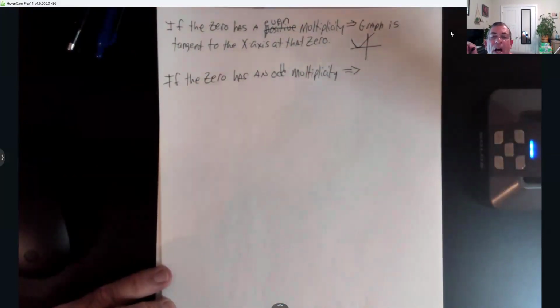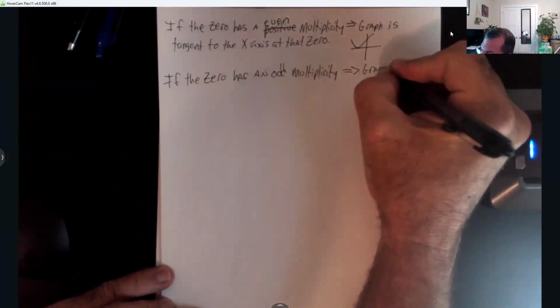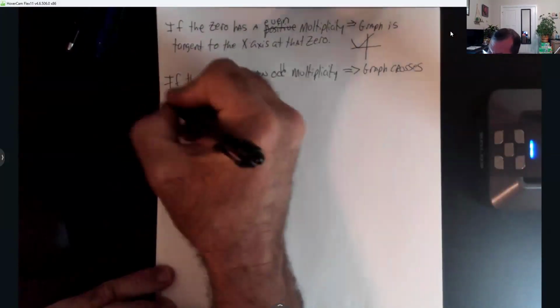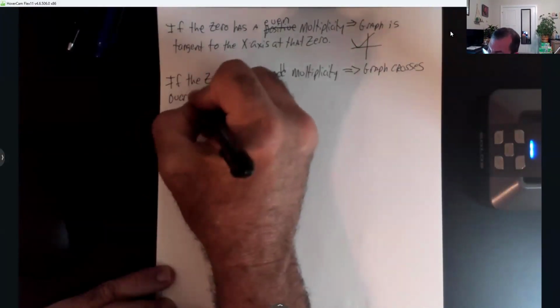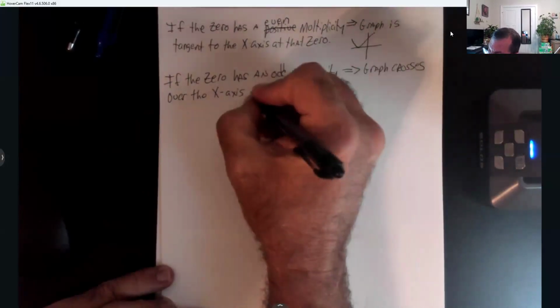so if it has an odd multiplicity, then the graph crosses over the x-axis at that zero.